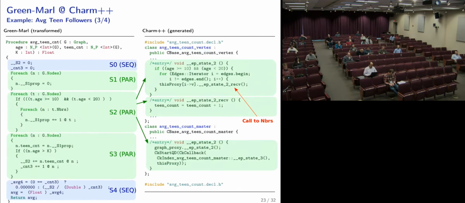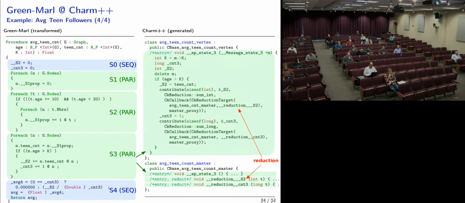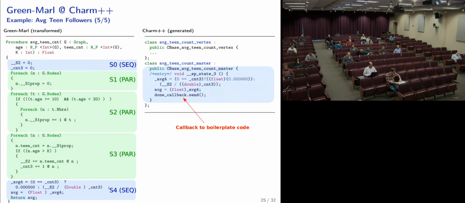So it's a call to neighbors. Reduction is done by using standard functions in the Charm++ runtime system for reduction, and using reduction target methods to receive results of reduction. After the program is completed, a callback is sent to return to some boilerplate code.